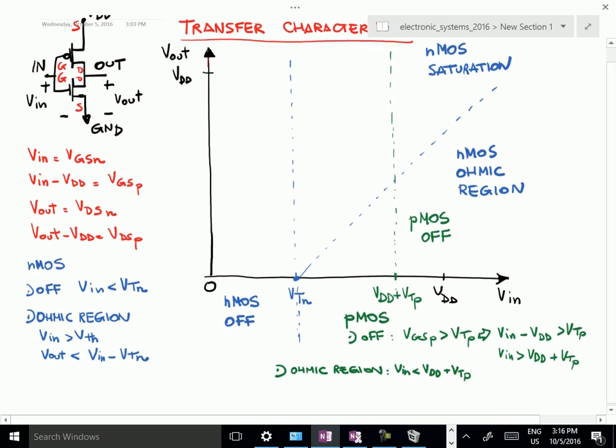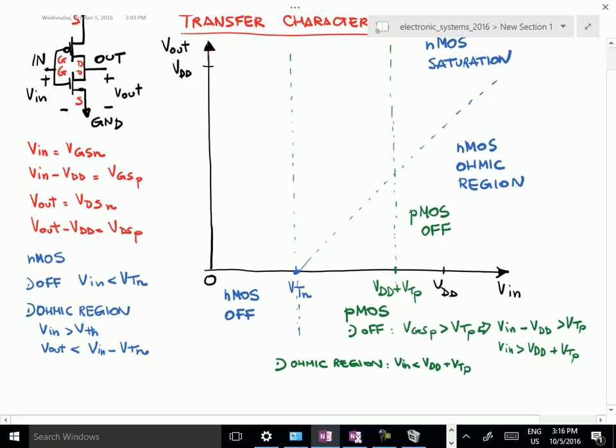And then we have to add something. In the ohmic region, you remember, the second condition is VDSP must be larger than VGSP minus VTP.